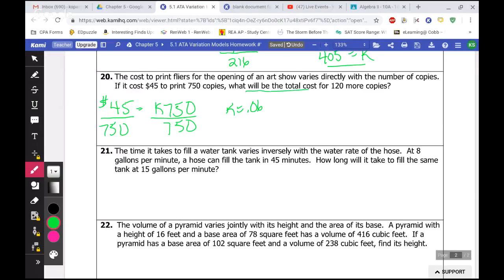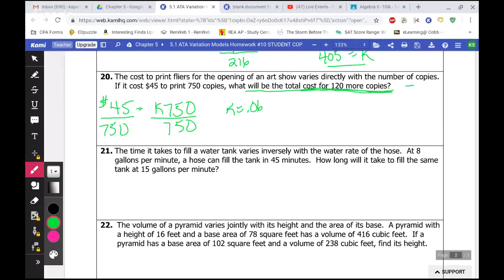Now it says, what will the cost of 120 more copies be? So I'm assuming they just want to know the total. You could either do one of two things. You could add 120 to the 750, or just find out exactly how much it would cost to copy 120 copies and then add that to the 45. Does that make sense? Uh-huh. Okay.